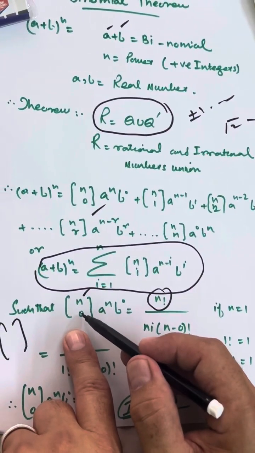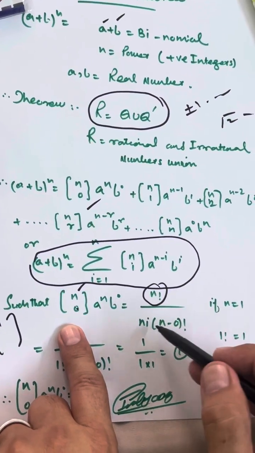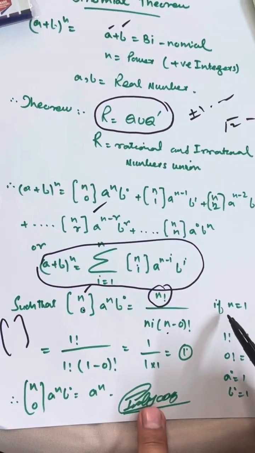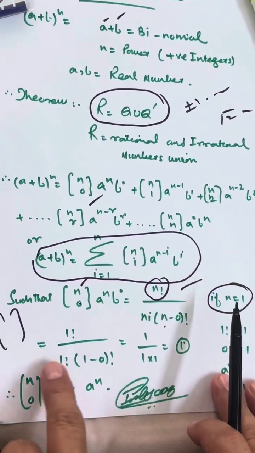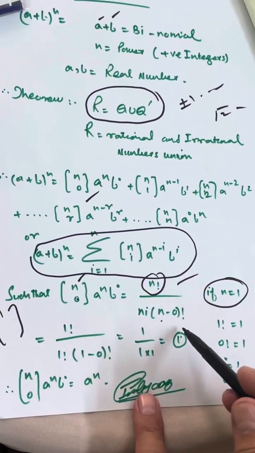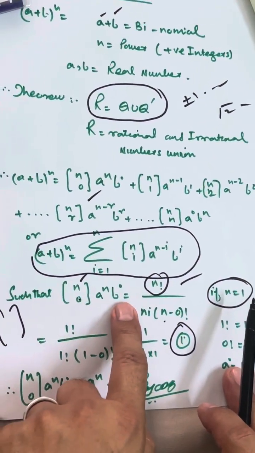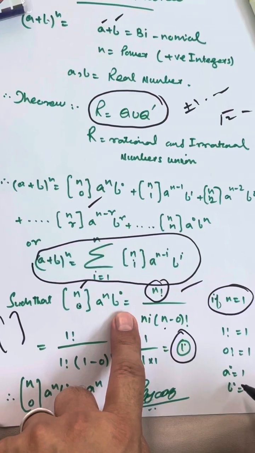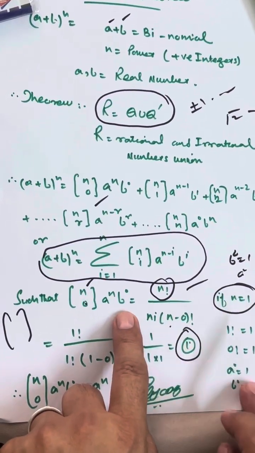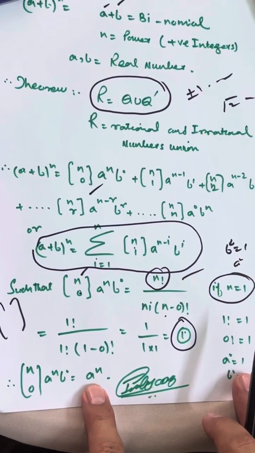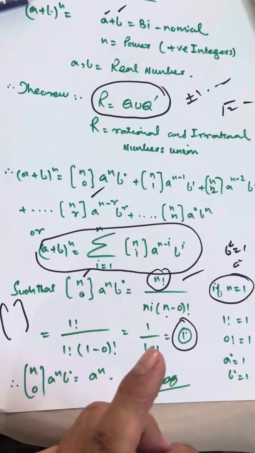If there is another r digit, a number, you can put n minus r factorial and r factorial. If we put n equal to 1 in this, we got 1. And when we put b power 0 is 1, a power 0 is also 1, so we get a^n here. So this is the binomial theorem, and I hope you got the idea, and thank you.